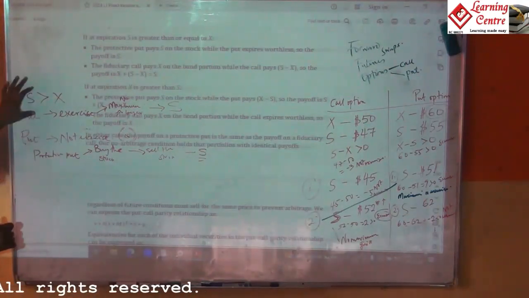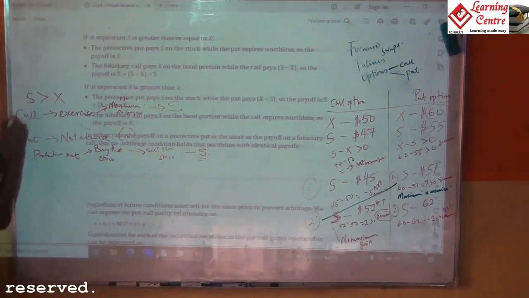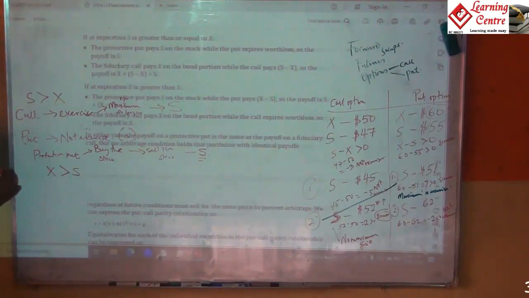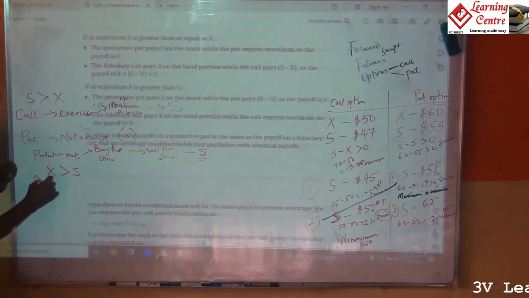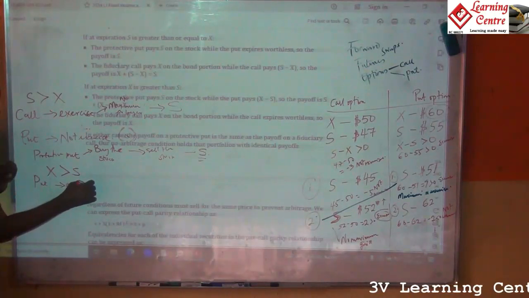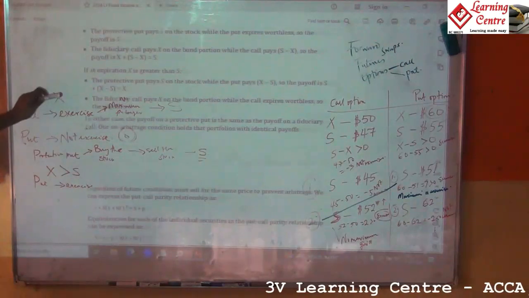Now, in this same scenario, I have this protected put, but now X is greater than S. So what happens to my put? I will exercise, right?